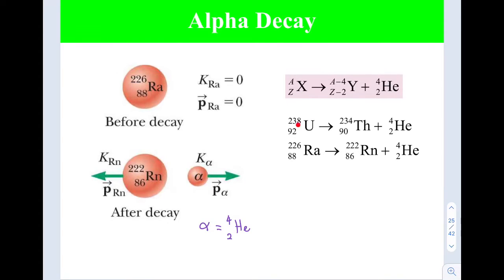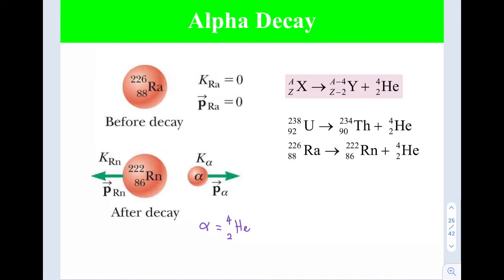For example, uranium-238 decays one alpha to become thorium, right? So it is reduced in terms of A by 4 because it is given up to this, and reduced in Z by 2 because it is given up to this.